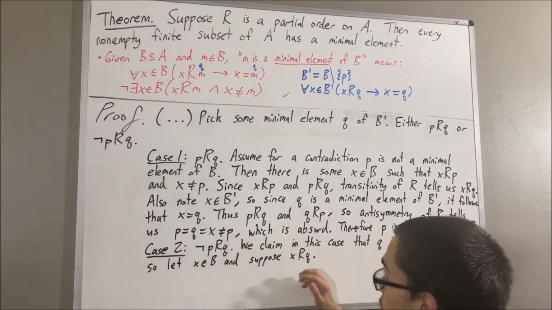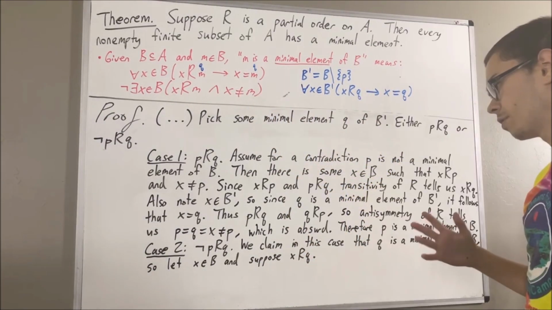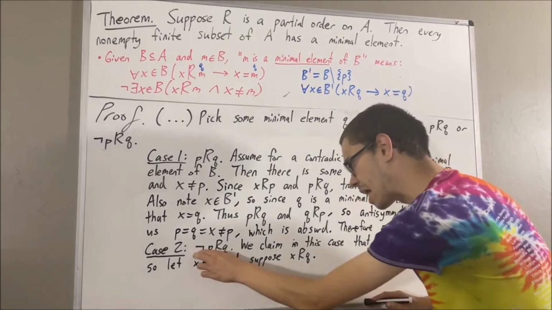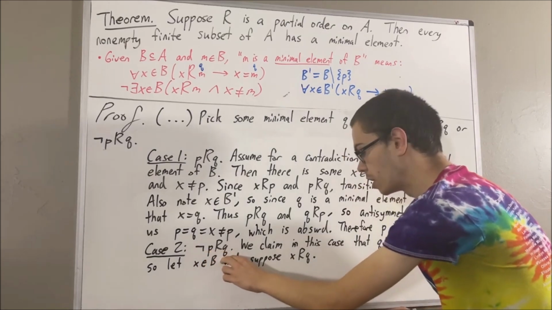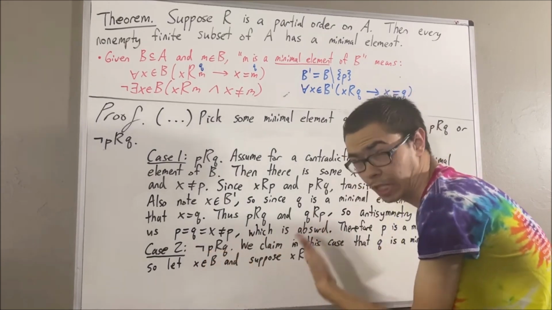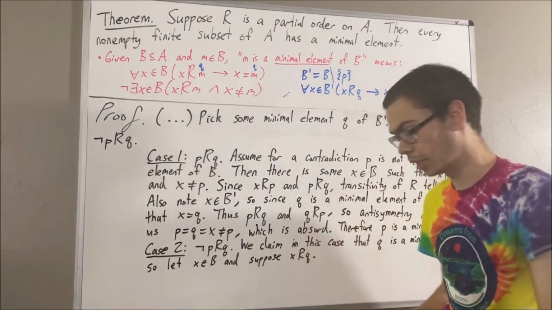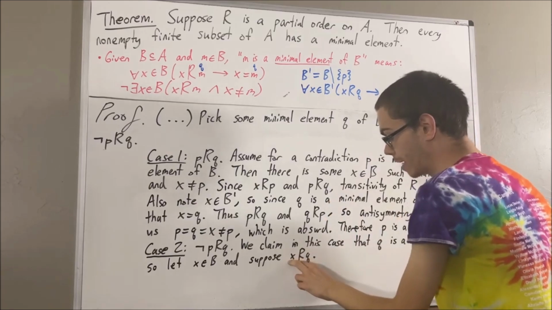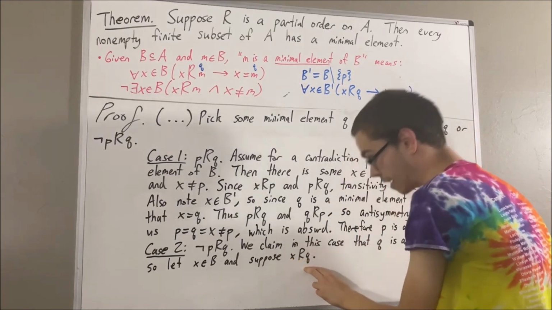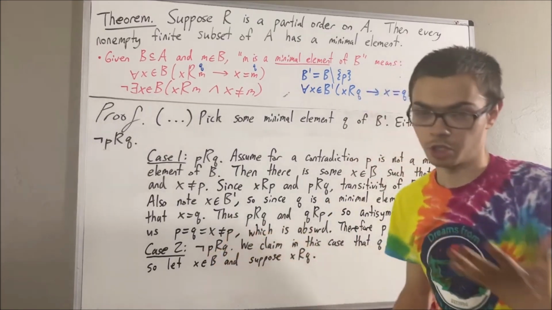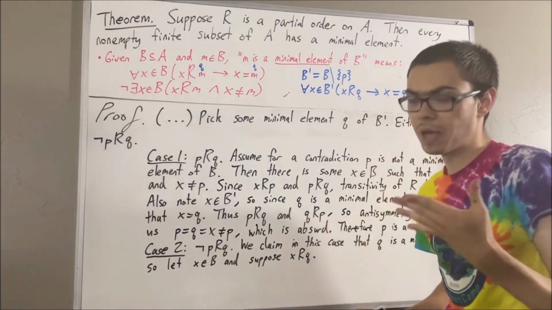From here, we want to show that x is equal to Q. Now to start, since not PRQ holds, we cannot have that x is equal to P. Because if instead x was equal to P, then we could replace the x with P, and we would have PRQ and not PRQ, which gives us a contradiction. So x is not equal to P.